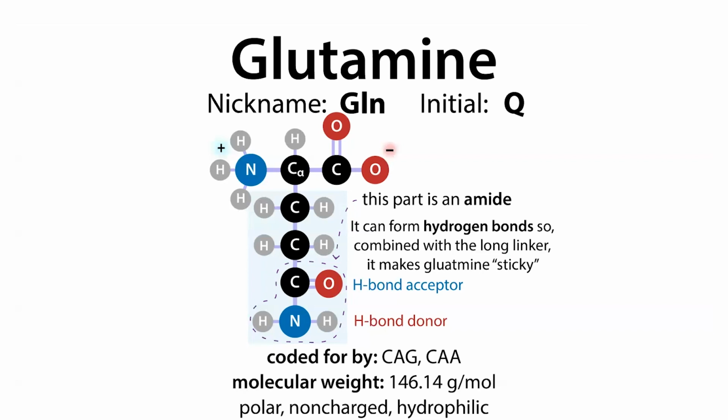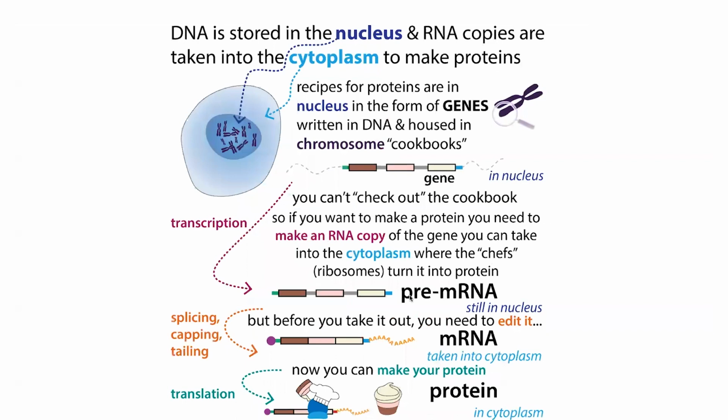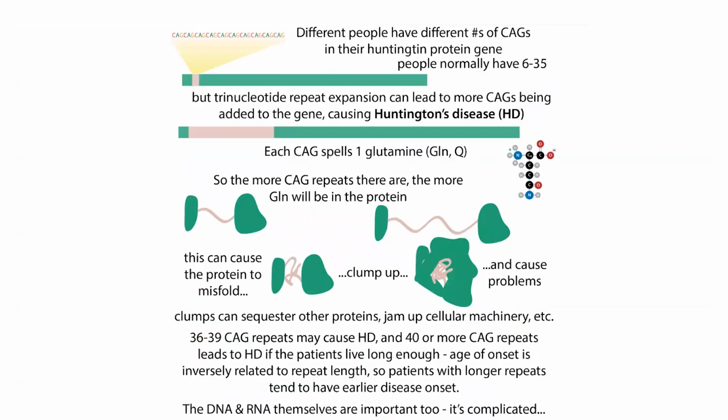It's not exactly sure all the things that it does, but some of the things are to regulate transcription, so regulate the making of the messenger RNA from the gene, as well as regulate other signaling and things like this, because that CAG repeat is going to allow it to form as a scaffold. So having a few CAGs is good, but having a lot is going to be bad.